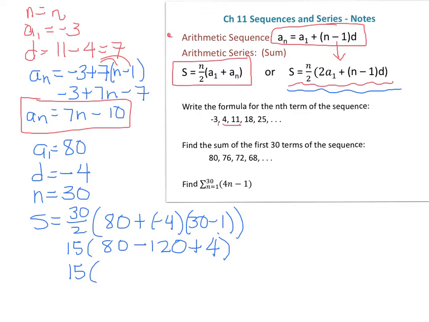So getting out my little calculator, we've got -40 plus 4 is -36. So this all becomes -36, and when you multiply that by your 15, you should get -540. Just double checking my work. Okay, so that would be your S sub 30.